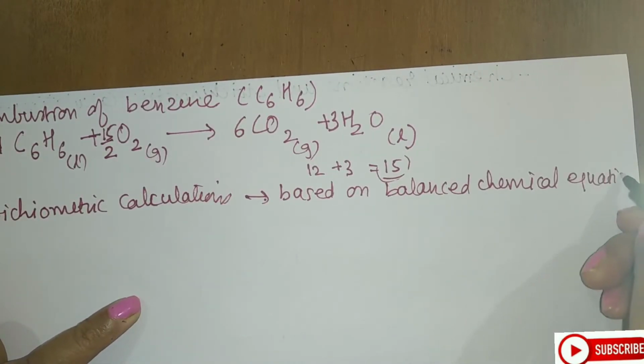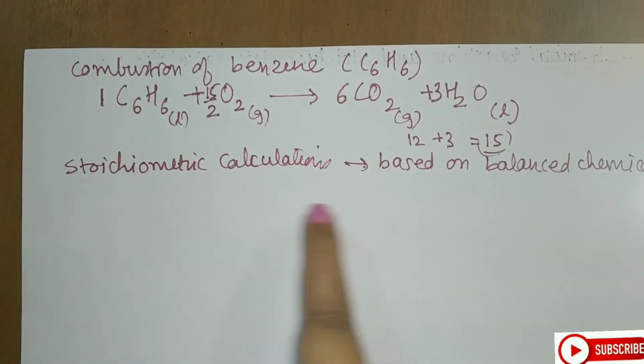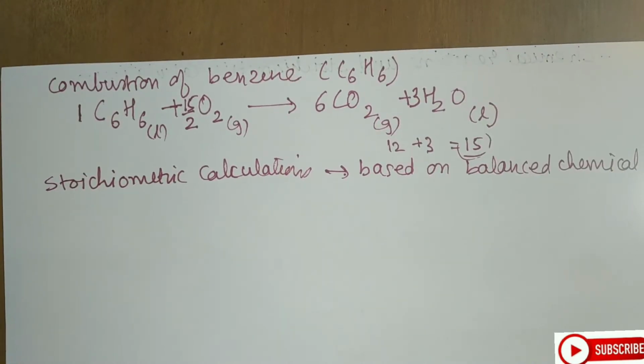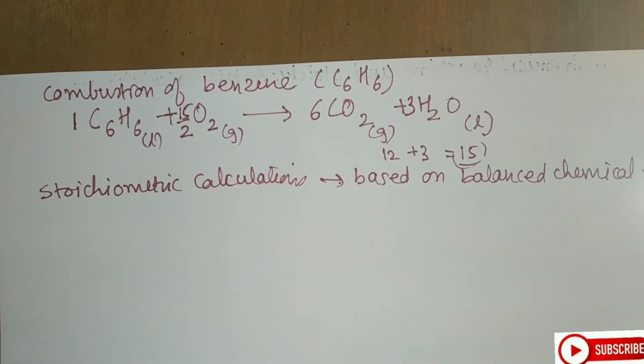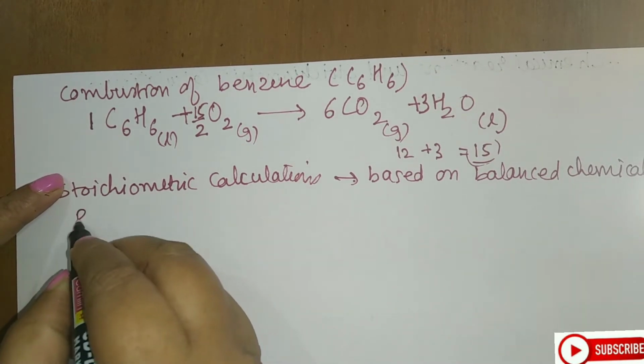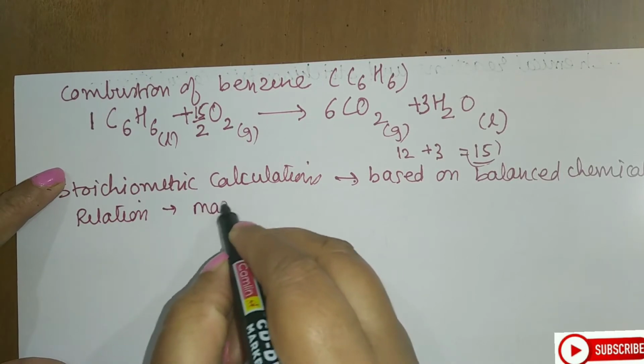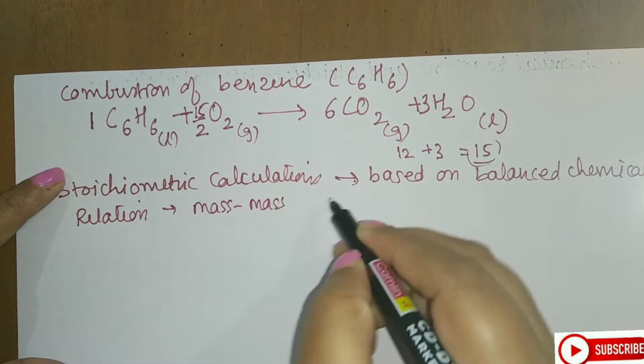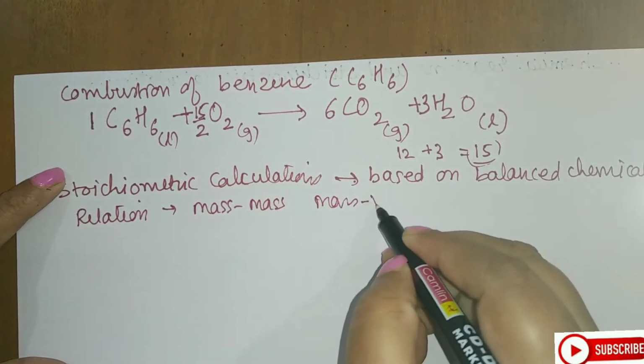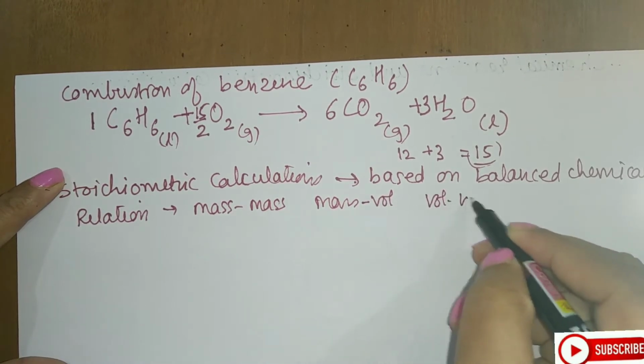We call them stoichiometric calculations. Now students, the problems are usually based on mass to mass relation, mass to volume relation, or volume to volume relation. So the relations we use are usually mass to mass, mass to volume, or volume to volume.